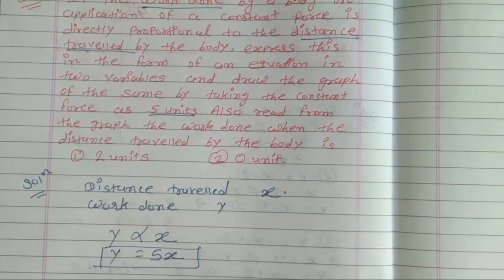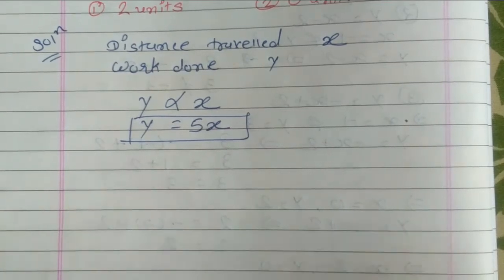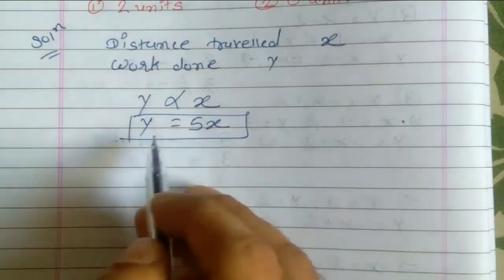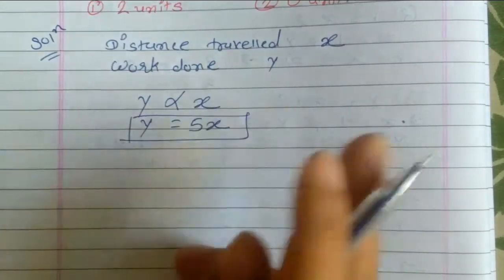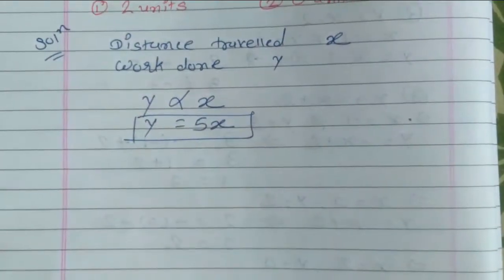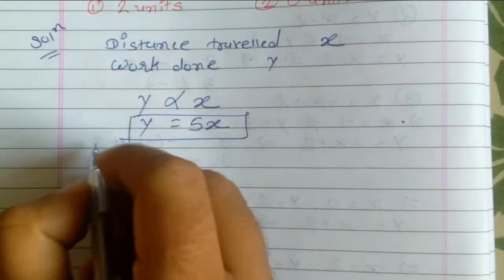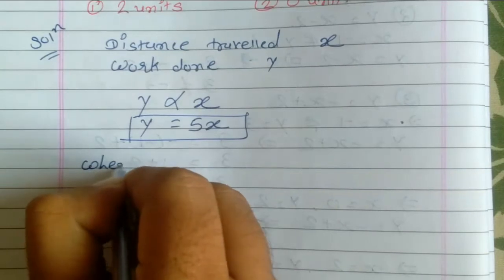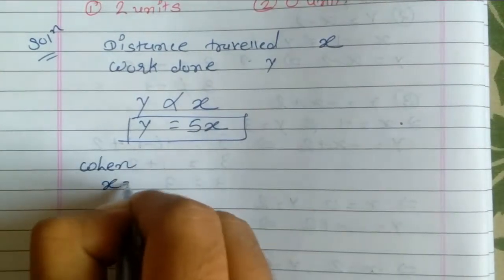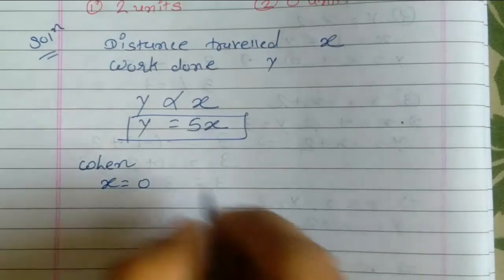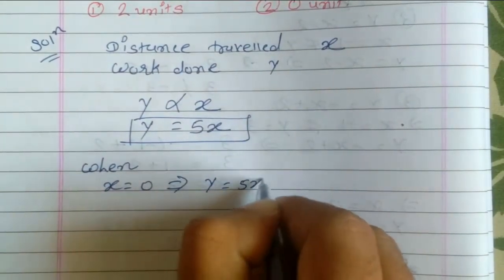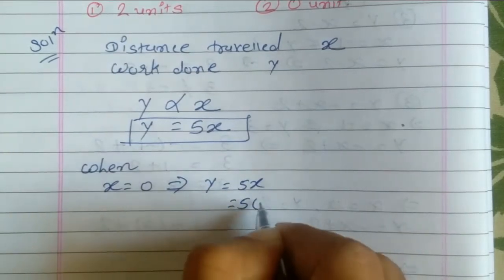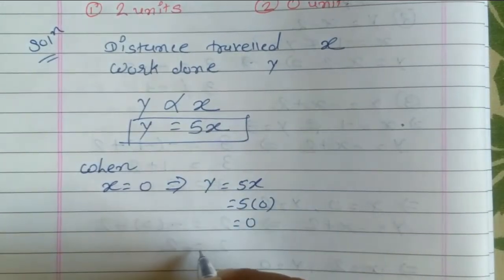Now let us represent this on our graph. We know that if we want to express this equation on our graph, we need minimum two coordinates. So let us see when x is equal to 0. When x is equal to 0, y = 5x, so 5 into 0 is 0.